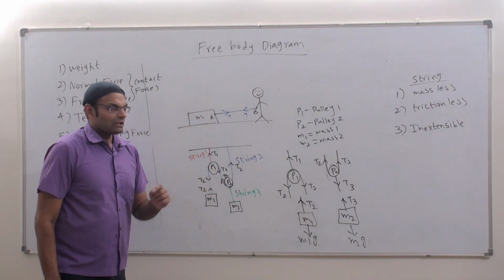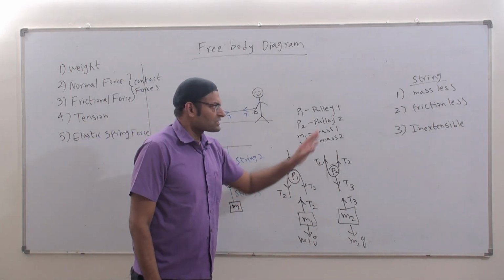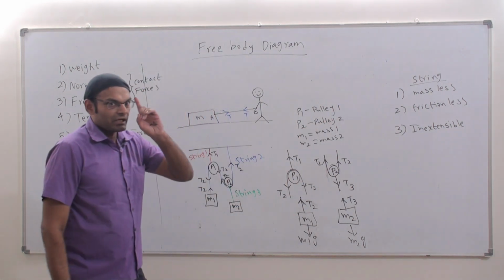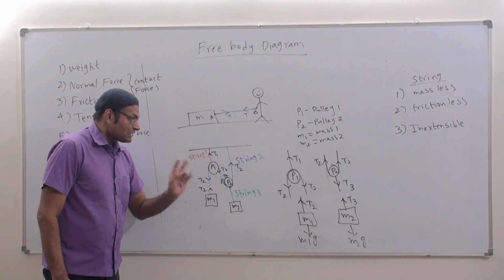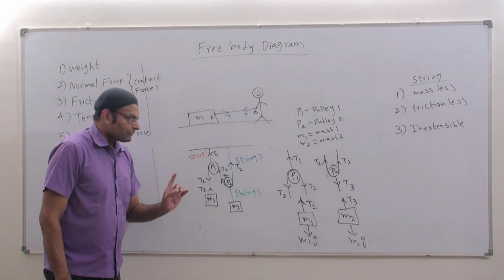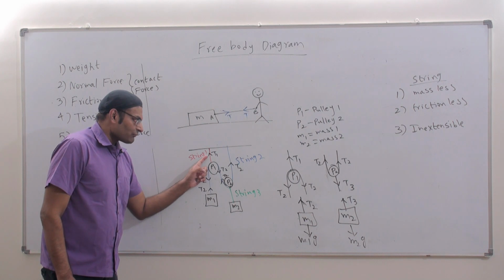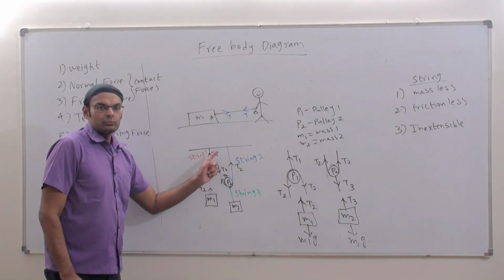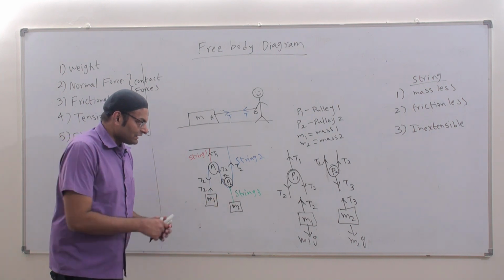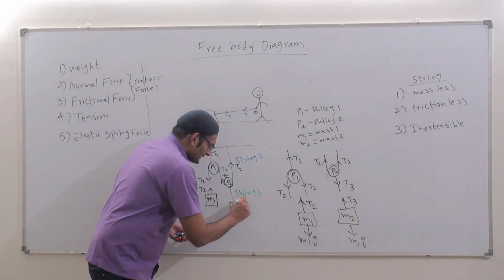All the strings I am considering are massless and frictionless. So when a string is massless and frictionless, the tension would be the same. So the tension of string 1 I am writing as T1, of string 2 as T2, of string 3 as T3.